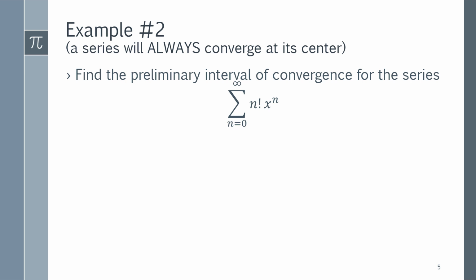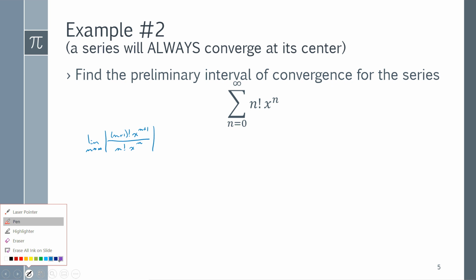It's as I move away from the center that I start to diverge. So I'm going to find the preliminary interval of convergence for this series. So that means I'm going to be doing the limit as n goes to infinity of the absolute value of the n plus first term compared to the nth term.